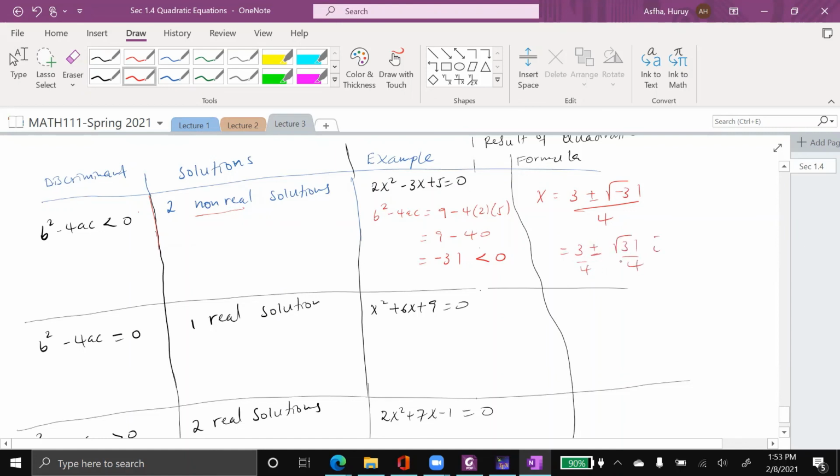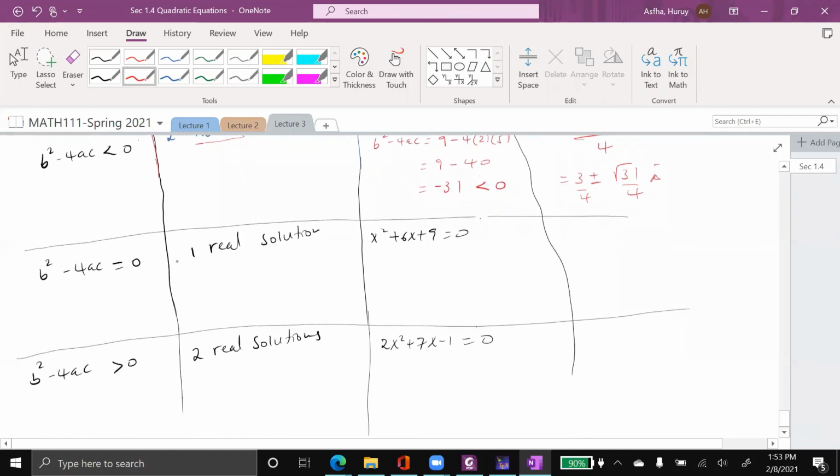And as you can see, we have two non-real solutions. One is 3 over 4 plus this term, and the other one is 3 over 4 minus this term. And as you can see, when you have i, it's not a real number anymore, okay? And then the other case is if b squared minus 4ac is 0. And if this happens, then we have only one real number, okay, if this term is 0.